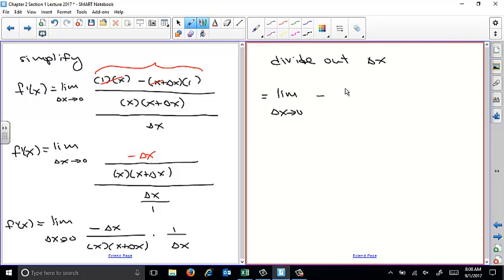So what we end up with is negative 1 over x times x plus delta x. So that's our divided out. And now you've eliminated the indeterminacy.